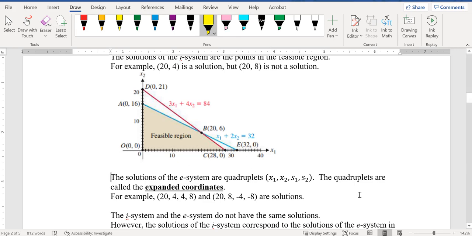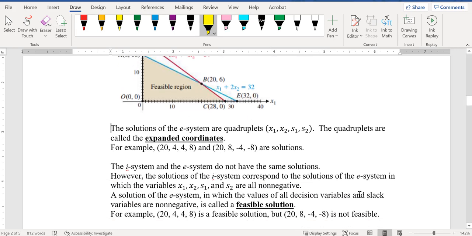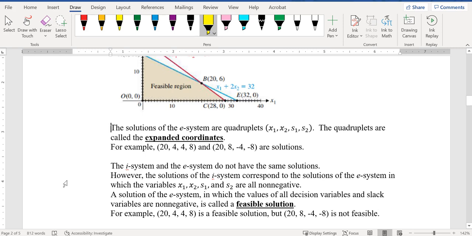The I system and the E system do not have the same solutions. However, the solutions of the I system correspond to the solutions of the E system in which the variables x1, x2, s1, and s2 are all non-negative. A solution of the E system in which the values of all decision variables and slack variables are non-negative is called a feasible solution.